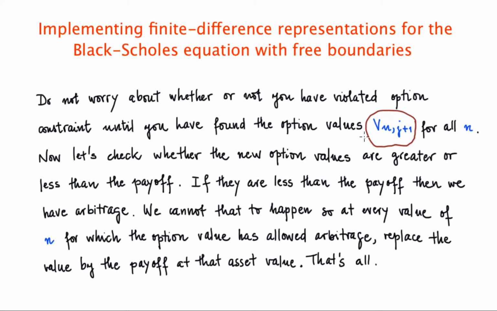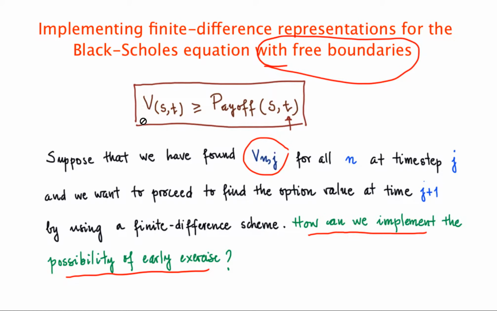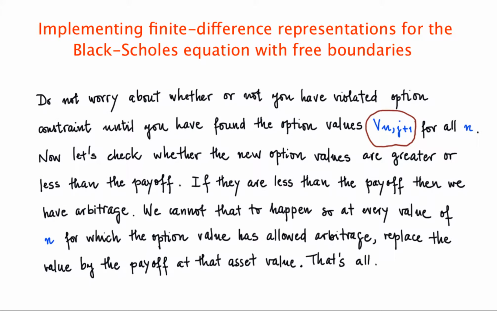Next, and that's the key thing now, let's check whether the new option values are greater or less than the payoff. You have to check if this is verified or not. And if they are less than the payoff, then we have arbitrage. We cannot allow that to happen.